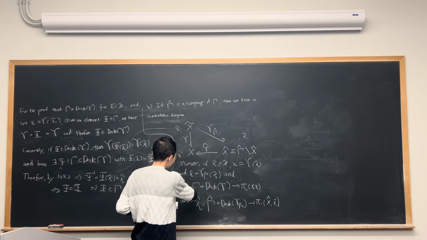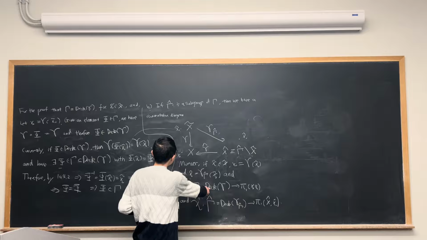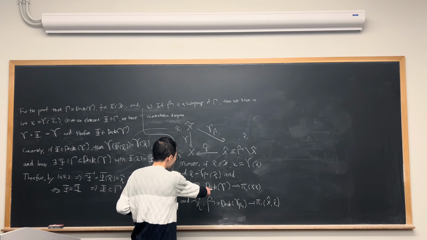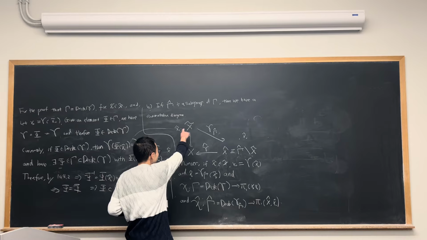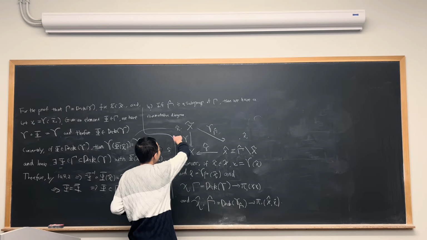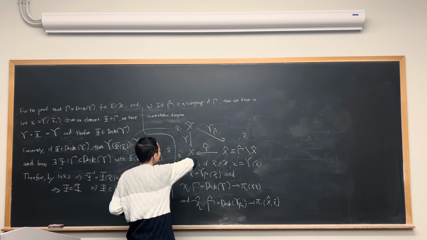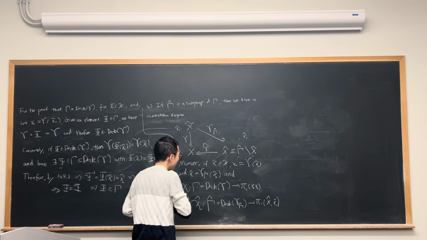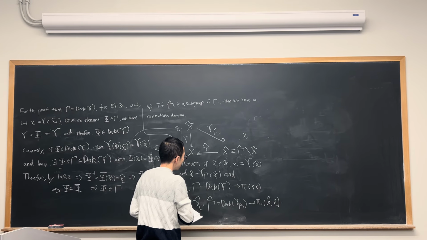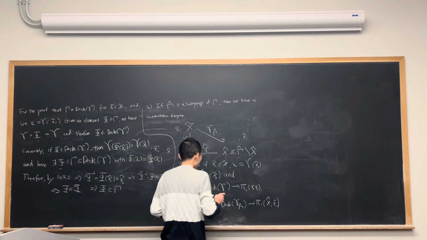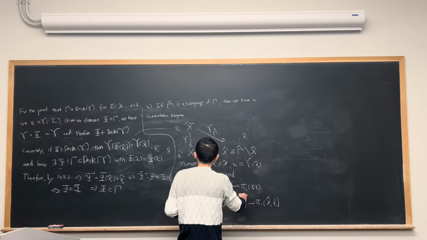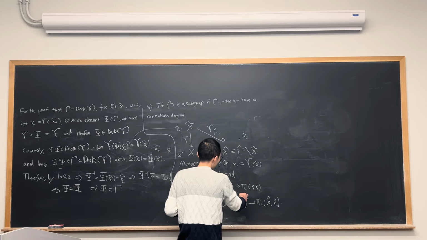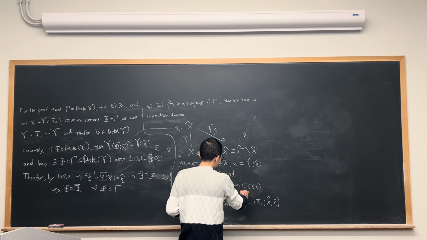This chi is from this group gamma. This is the deck transformation group of this gamma. Basically, this is the automorphism group of this x tilde, to this pi 1 of x naught.